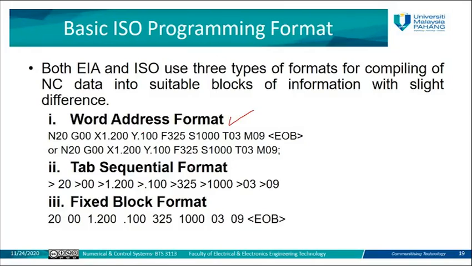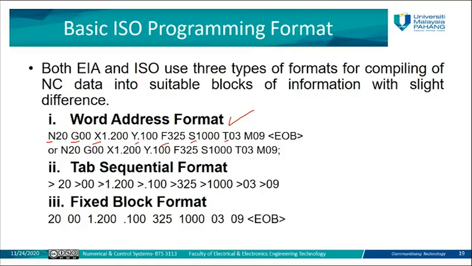There are two other types, and it depends on the machine actually, because some machines use the word address format, some use the tab sequence format or fixed block format. The difference you can see here is clear by using the numbers and the letters. For the word address format, we always have a letter here. There is N, G, X, Y, F, S, T, and so on, and each one has its own meaning.